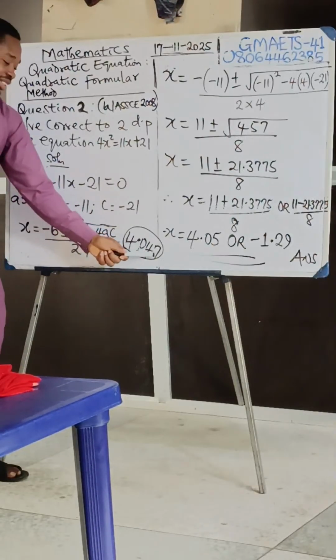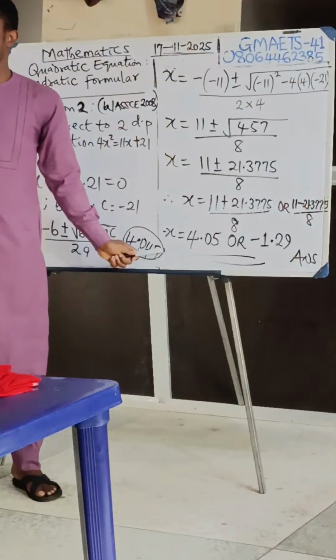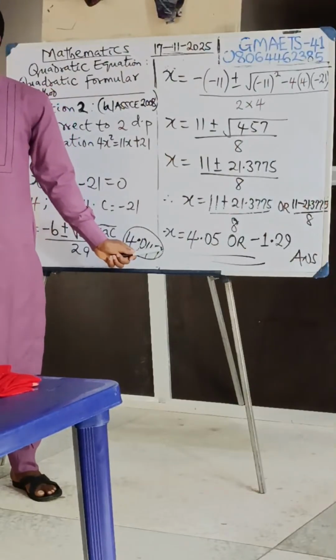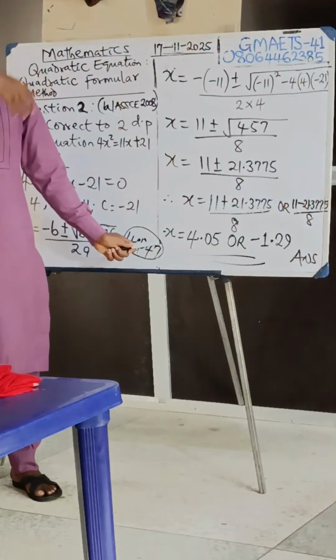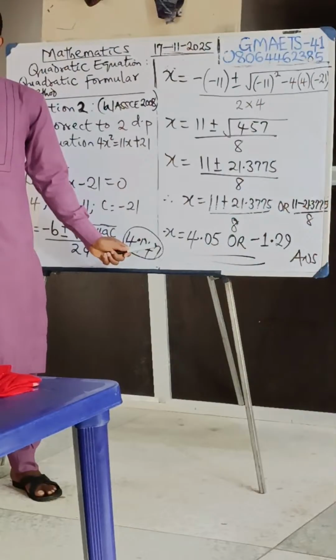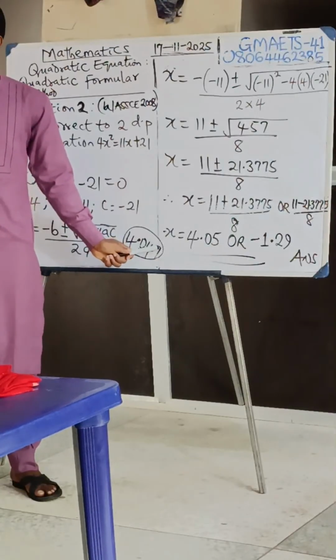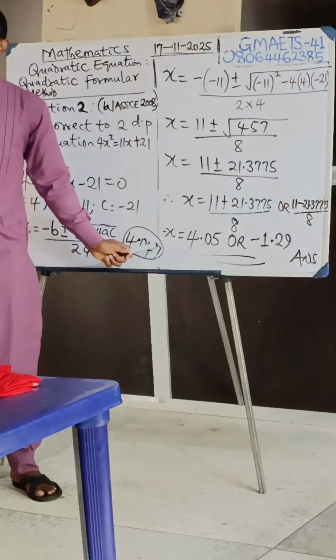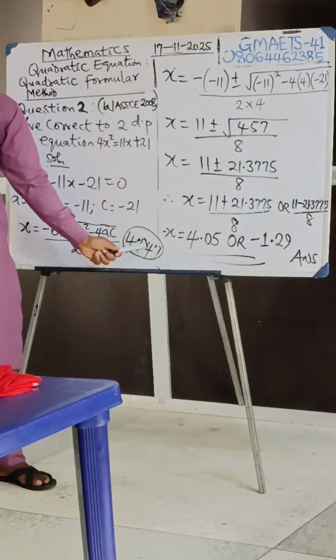However, if the 3rd decimal digit is 5 or more than 5, any number that is 5 and above, you can round up. In the basic class, there's a special video dedicated to rounding off, where you round up or you round down. Any number 5 and above, you round up by adding 1 to the one before it. Are you getting it?